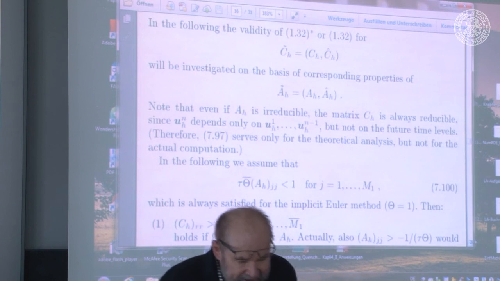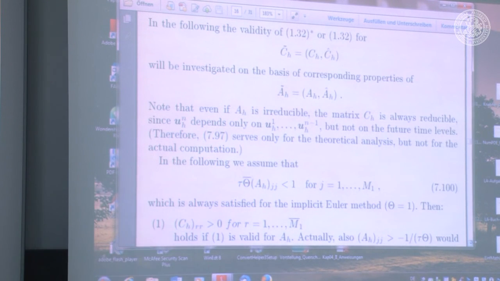Now let's see what we can do about the properties. There's one assumption which comes up quite naturally, that we need. At least I do not know how to do without this assumption. We would like to have that the diagonal element of our spatial discretization matrix multiplied by tau and theta bar is less than or equal to 1.